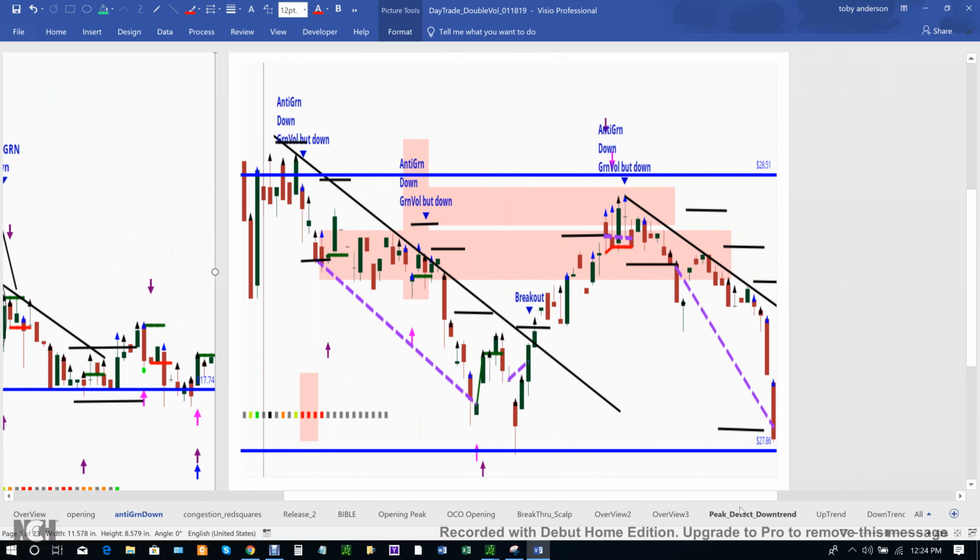Okay, here's another one. This is a downtrend, right? And you'll notice here that there's not necessarily a peak or valley, but it's started going sideways, congestion.